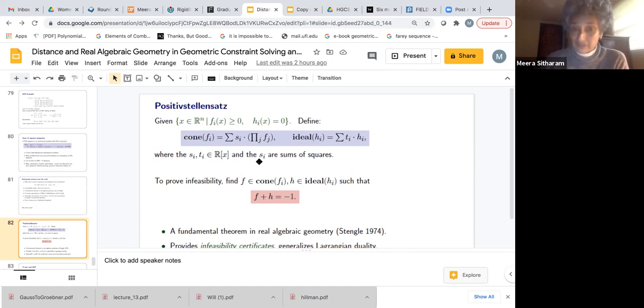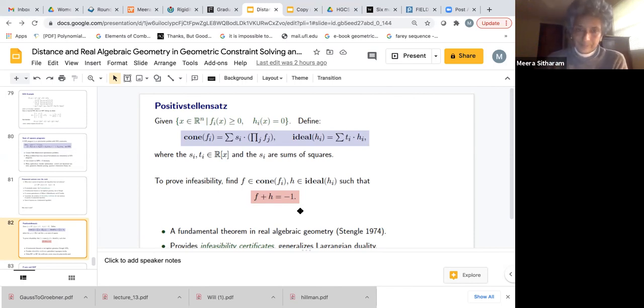They have to satisfy that sum of squares condition. To show that the set is empty, we find F in this cone and H in the ideal such that F plus H is -1. This is the analogous version of Hilbert's Nullstellensatz, right?